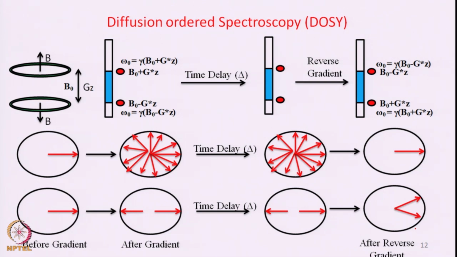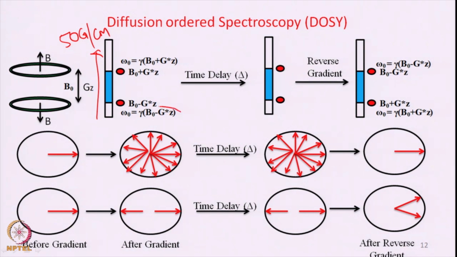So, what essentially we do: say this is our homogeneous magnetic field B0, and then we are applying a gradient across the magnetic field. The gradient is in the z direction. A gradient in our typical case is 50 Gauss per cm, so we are changing 50 Gauss per cm in the z direction.